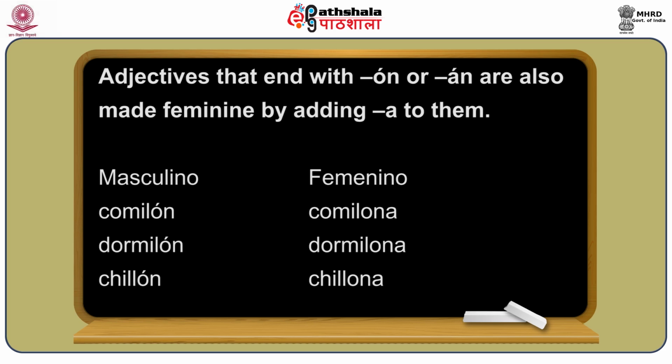So for example, comilón is glutton or big eater, and for feminine it is comilona. In the same way, dormilón is sleepyhead, and for feminine it becomes dormilona. So we just add a to the adjective. In the same way, chillón means screamer, and the feminine will be chillona.